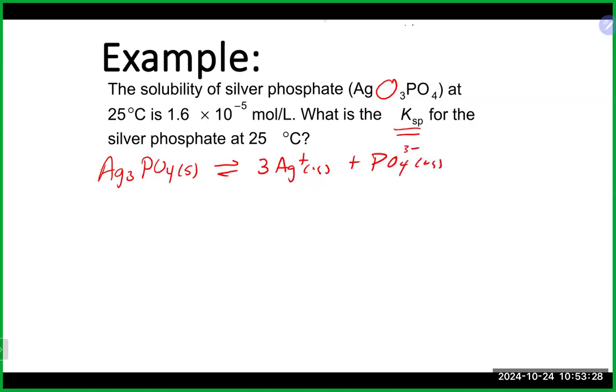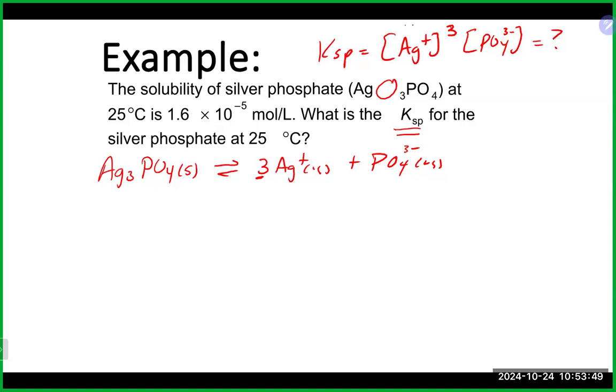That means that I can write my Ksp expression in this case, which would be the concentration of silver, cubed because of the coefficient, times the concentration of phosphate, and that's going to equal what we're looking for in this particular problem.